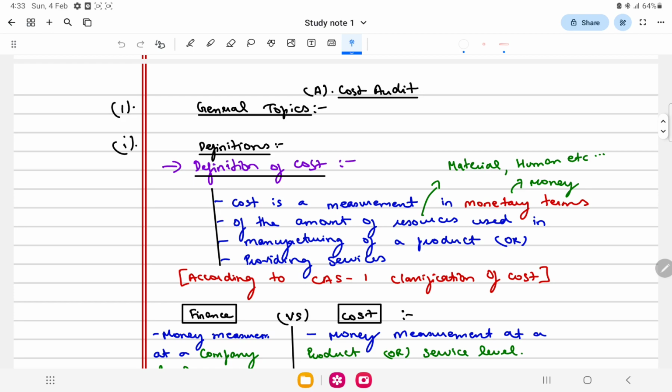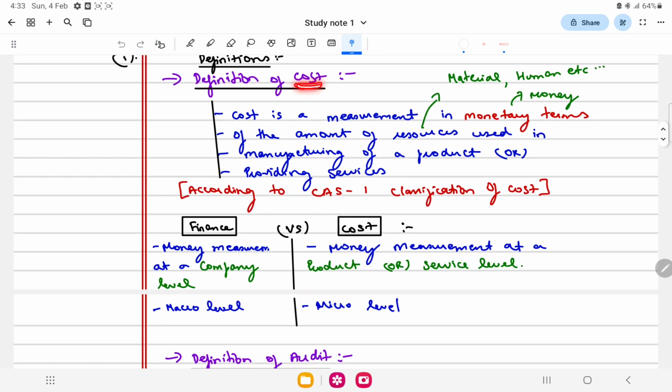To start with the basics, the general topics in cost audit Section A, we are going to see 3 important definitions. First, the definition of cost. Cost is a measurement in monetary terms.